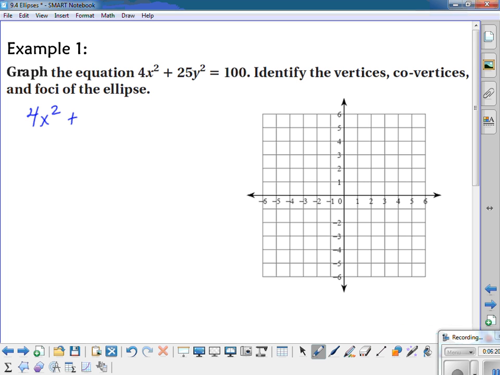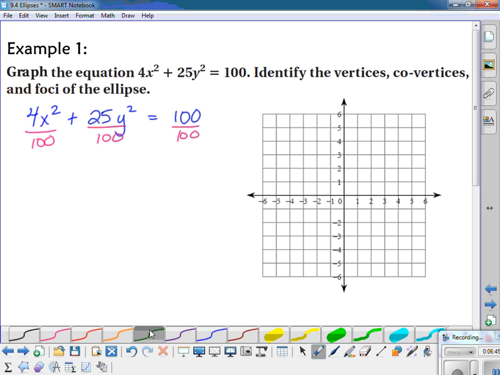In standard form, what was on the right side of our equation? What did you guys just write in your notes? What should it equal? 1. So that means I have to divide everything by 100 to make it equal to 1. And then you just reduce the fractions.